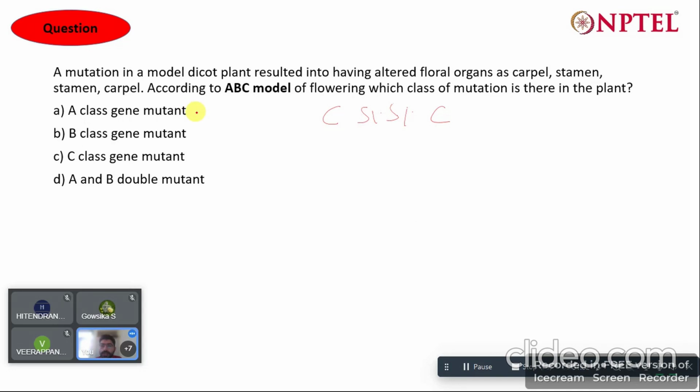It can be A class gene mutation, B class, C class, or A and B double mutant. Can anyone guess?